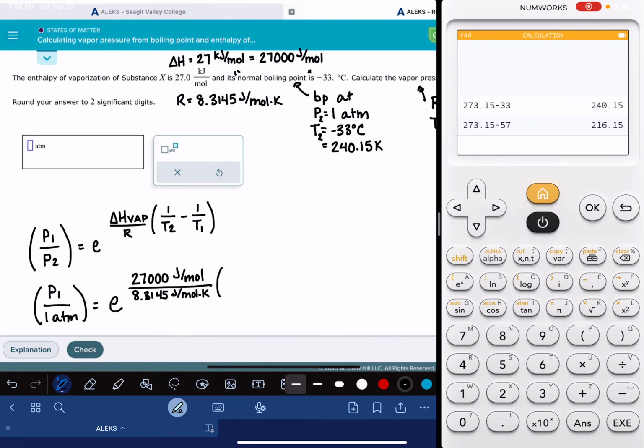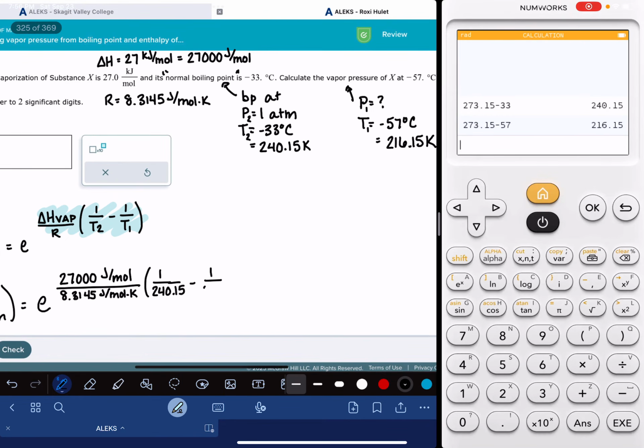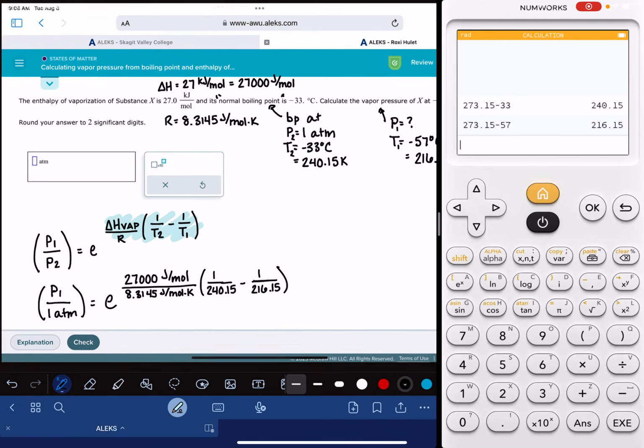And all of this is up in the exponent of e. So we're all still up in the exponent. 1 over T2 in Kelvin, that's 240.15, minus 1 over T1, also in Kelvin, 216.15. And we're definitely going to need a calculator to do this.